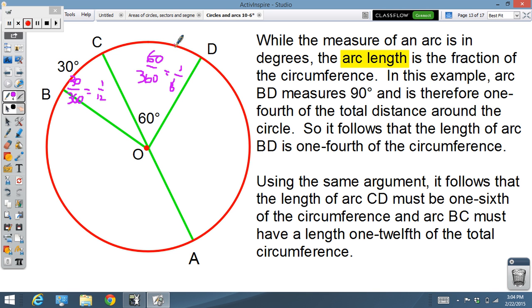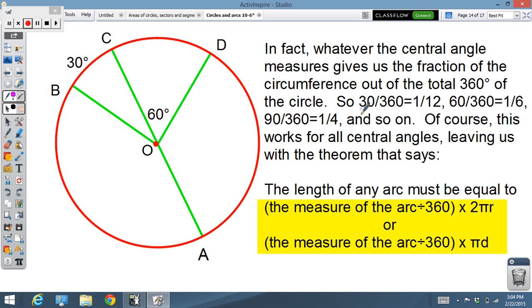So by looking at the measure of the central angle or the measure of the arc, we can always find the portion of the total circumference that is composed by that one arc. Here's what I mean. Okay, so we take the fraction formed by the arc divided by the total around the circle, and we can multiply that by the circumference and find out exactly how long the arc is.